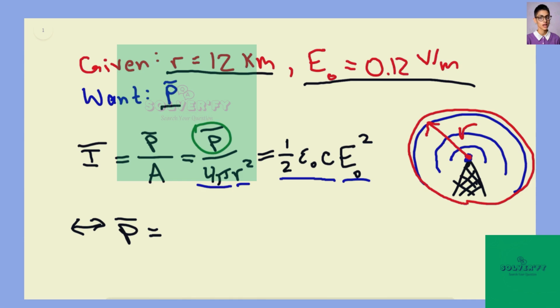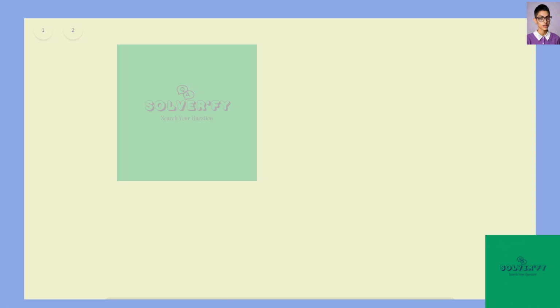So power equals, let's see, this will be 2 pi epsilon naught, speed of light, r squared, electric field strength squared. So I'll leave myself a little more room and rewrite this. So now I'm just going to plug in all of those values directly.